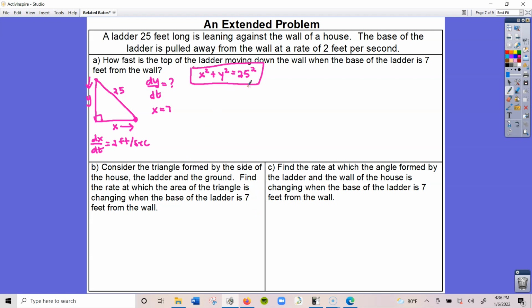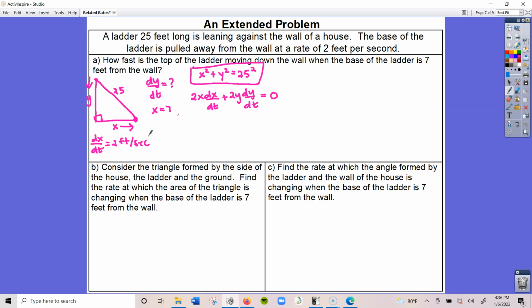Now let's see what happens when I take that derivative. This is going to be 2x dx/dt plus 2y dy/dt is equal to, now 25 squared is just a number, so this is going to equal 0. Now look at all of the information we're given and what we need to plug in. I am looking for dy/dt.